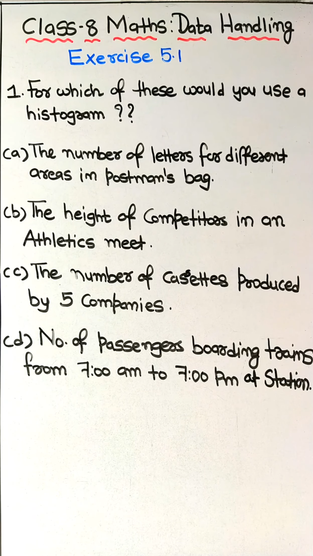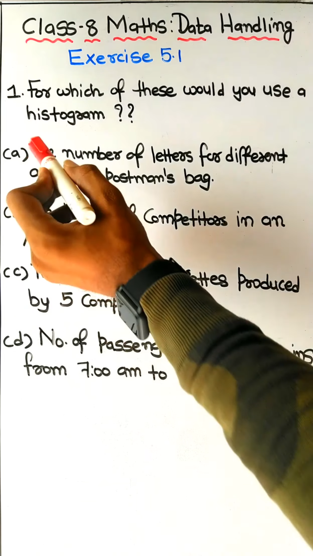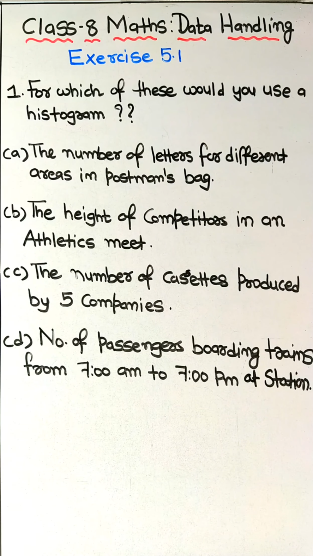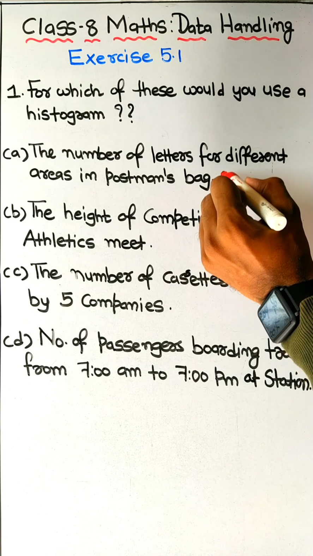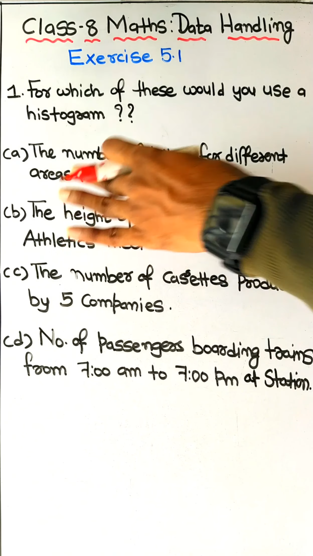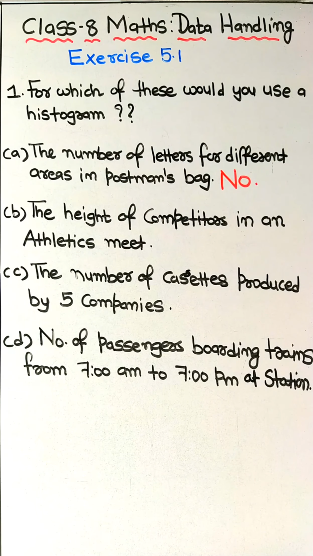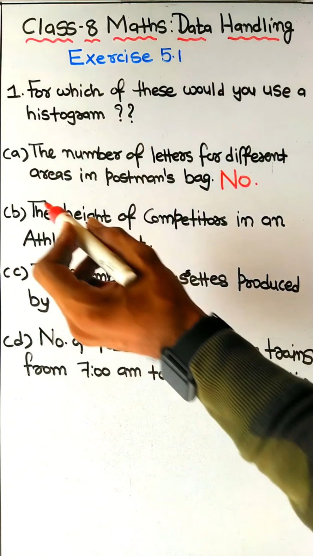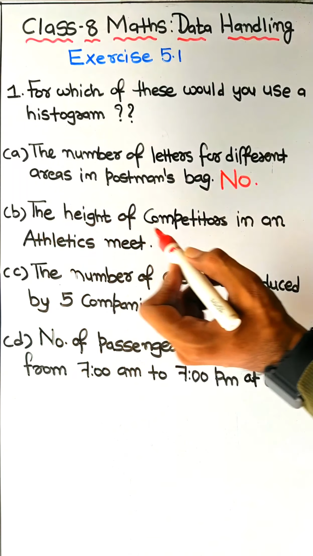Okay, so starting with the first one, you see number of letters for different areas in a postman's bag. So the answer will be over here no, because this data cannot be divided into specific intervals, right? So that is why this will be a clear no, we cannot draw a histogram. Now B will be the height of competitors in an athletics meet.